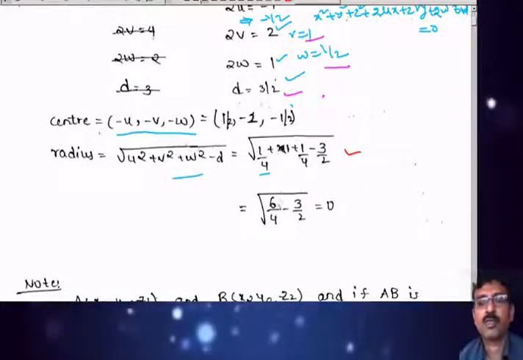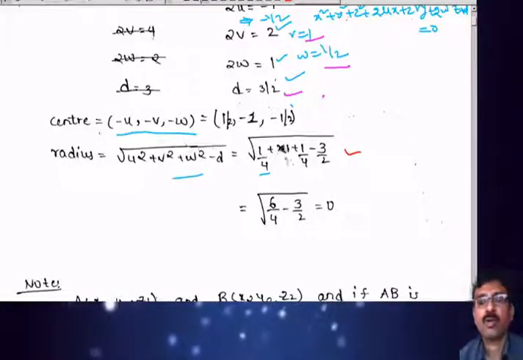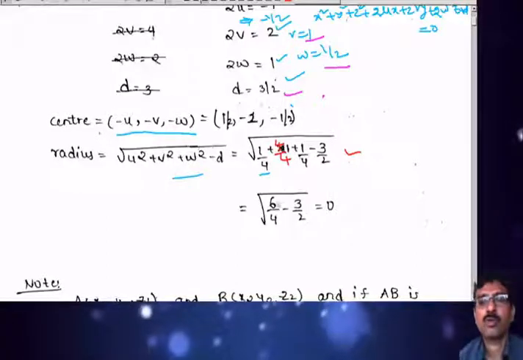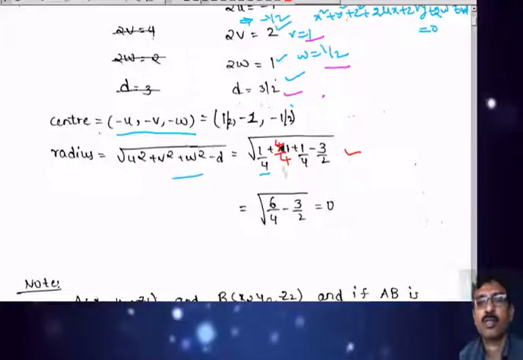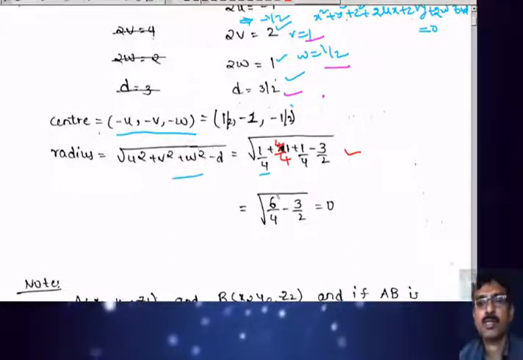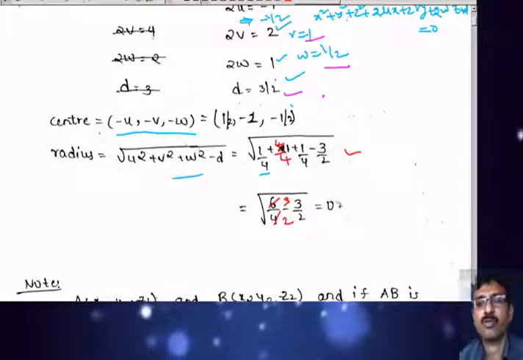Simplifying these values, 1 by 4 plus 1 plus 1 by 4, where 1 is nothing but 4 by 4, so the LCM is 4, 1 plus 4 plus 1 is 6 by 4, minus 3 by 2, which is 3 by 2, so it equals 0.